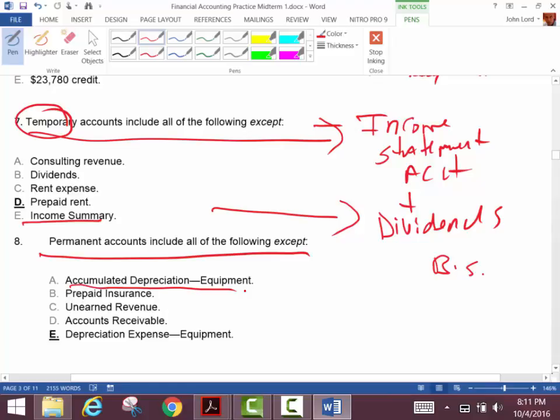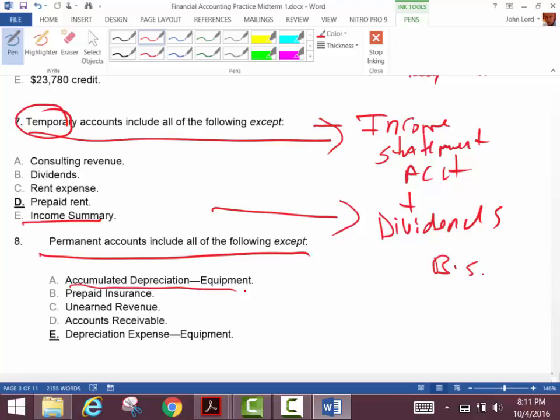It carries forward from period to period. The balance carries forward.